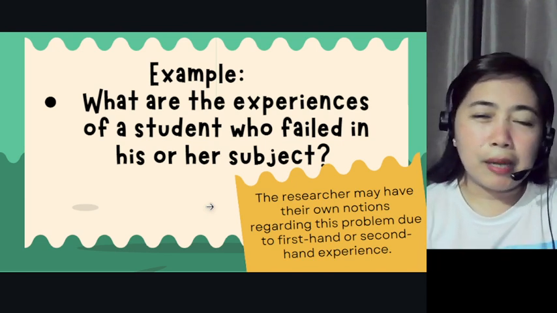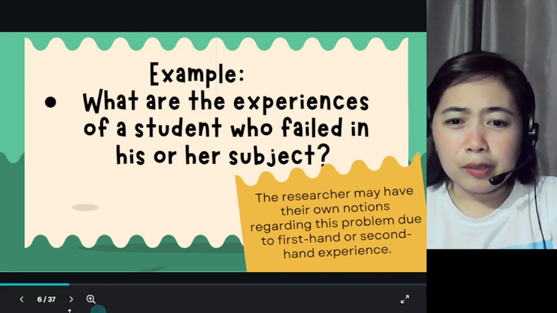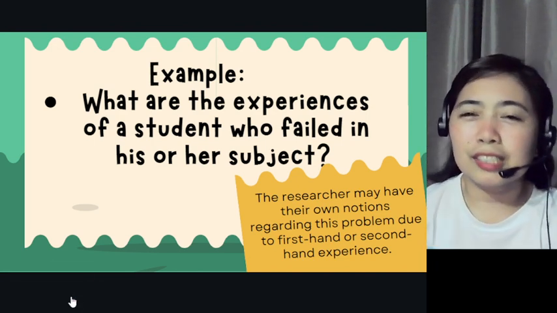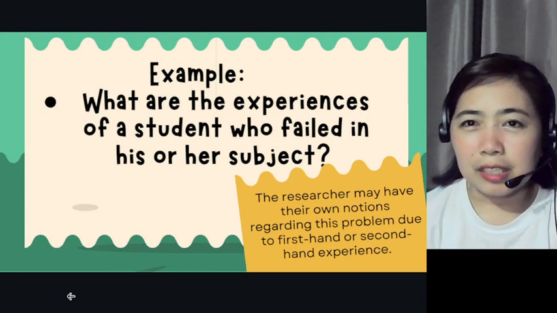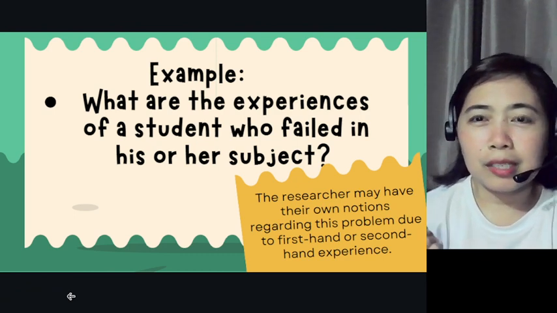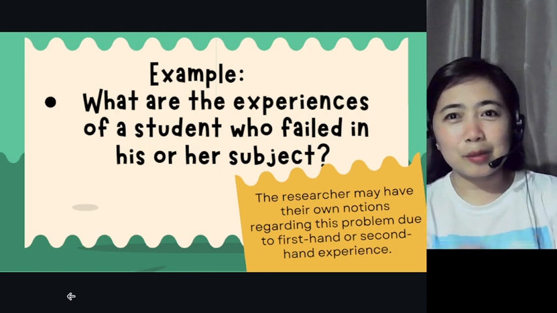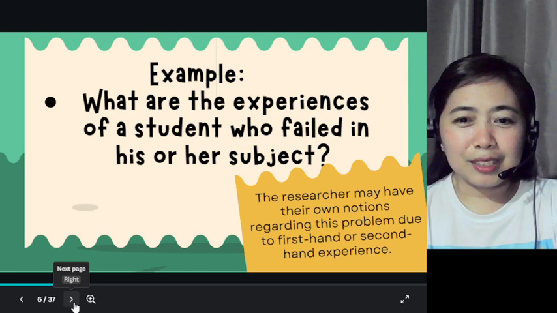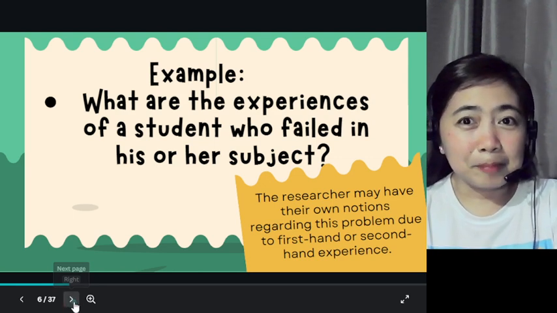So dili ka pwede ma-appeal. Okay. Pero naay part actually hopefully sa ato ang sumusunod nga discussion nga pwede po ay si participant ug si researcher pwede mag-collaborate. So mahimo silang co-researchers o si participant. Pero si researcher dili posible mahimong participant.